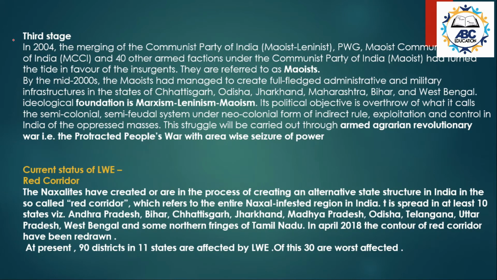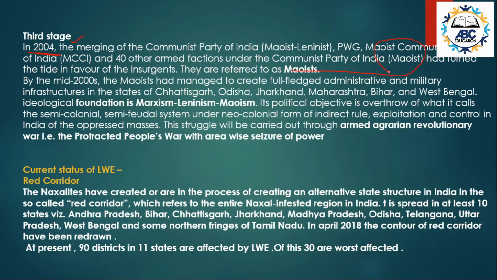Now moving forward, we have to proceed towards the third stage. Basically third stage of spread of Naxalism में 2004 में कुछ नहीं होता है, basically all these different factions, okay, CPI ML, PWG of Andhra Pradesh, Maoist Communist Center of Bihar, all these different factions got united and merged as one umbrella organization which was called the Communist Party of India, Maoist.